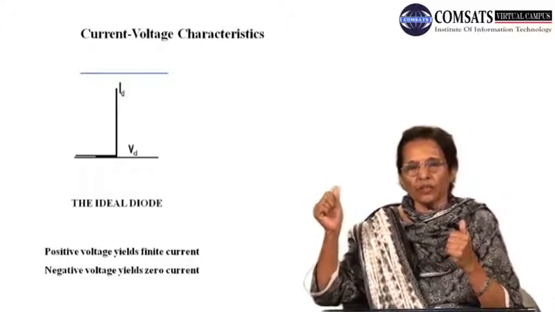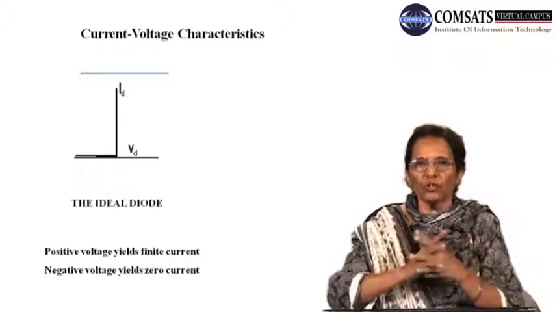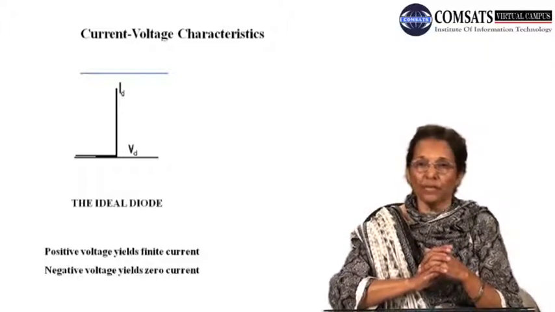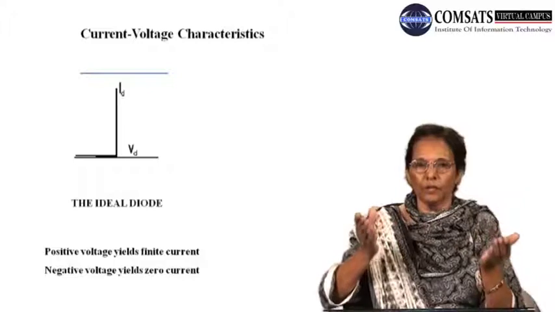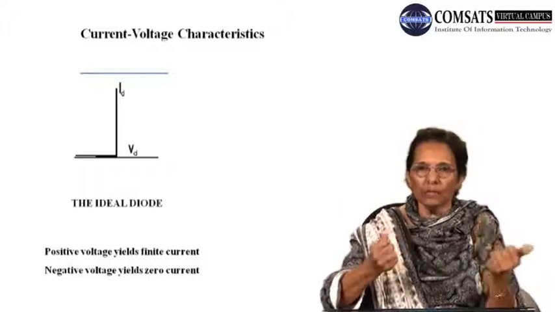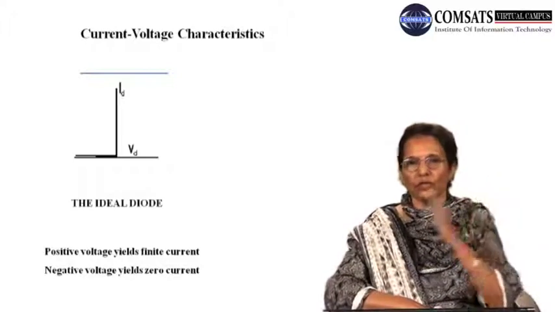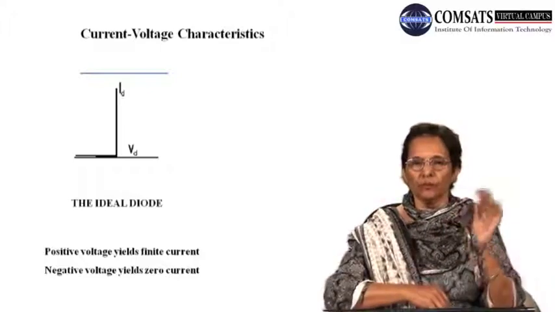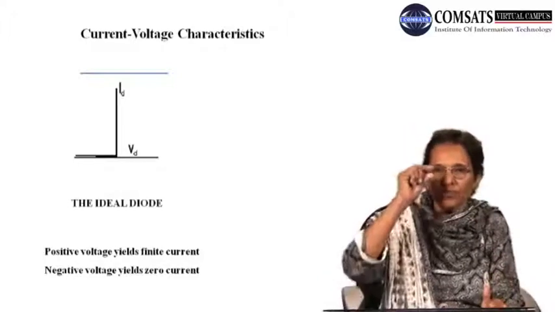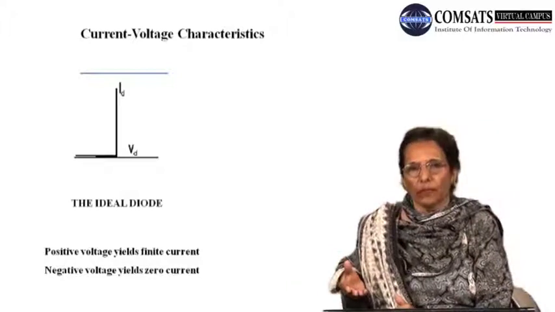These minority electrons from the P region and minority holes from the N region will constitute this reverse current, and it is going to be saturated and small, obviously, because the number of electrons moving from the P side is small, they are in minority. The number of holes sweeping across the depletion region from the N side is small because they are in minority. Hence you see this very small amount of current, which is of the order of microampere.